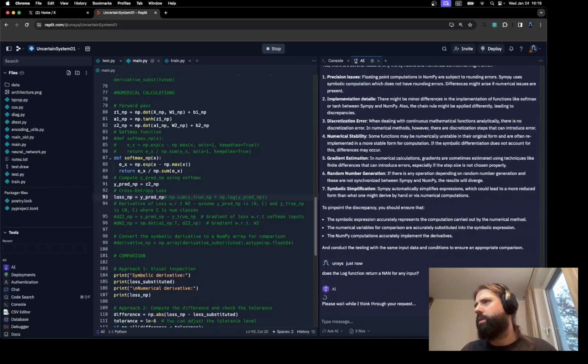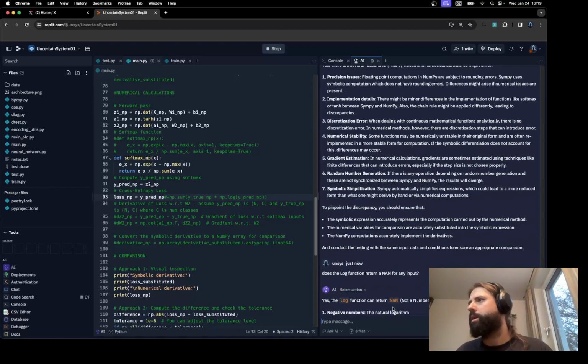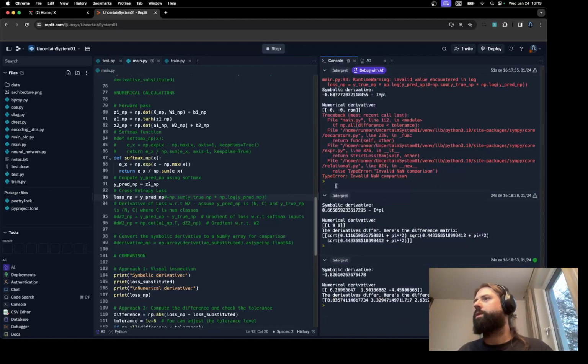There's definitely an invalid input. Negative numbers. That's a good point. Sure, because the log function is just positive. Yeah, there's a negative number.